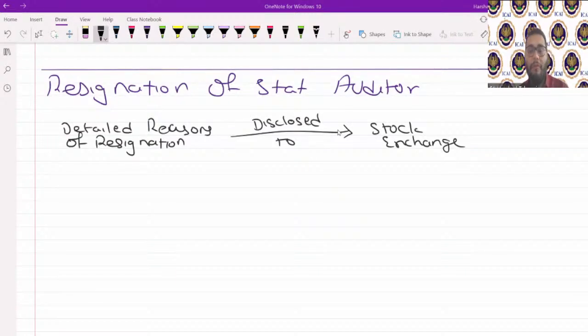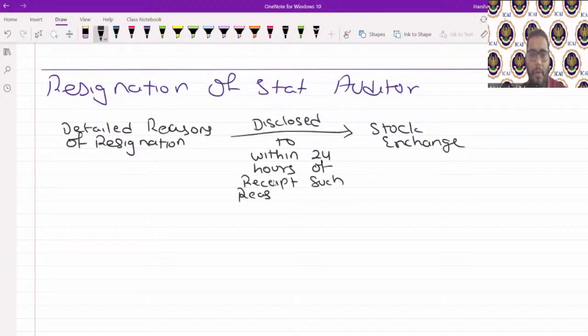What is the time limit for this? The time limit is within 24 hours of receipt of such reasons from the auditor. As and when the auditor gives them, within 24 hours the company needs to submit these reasons to the stock exchange.